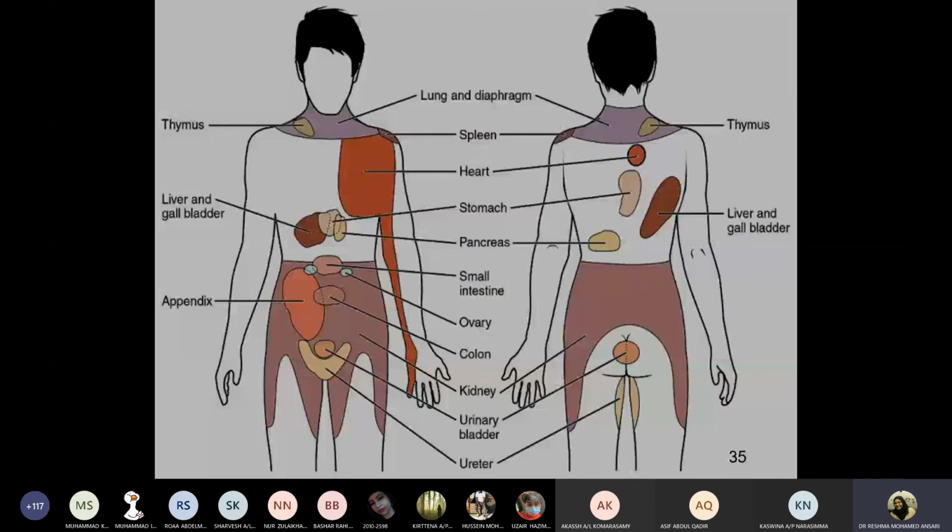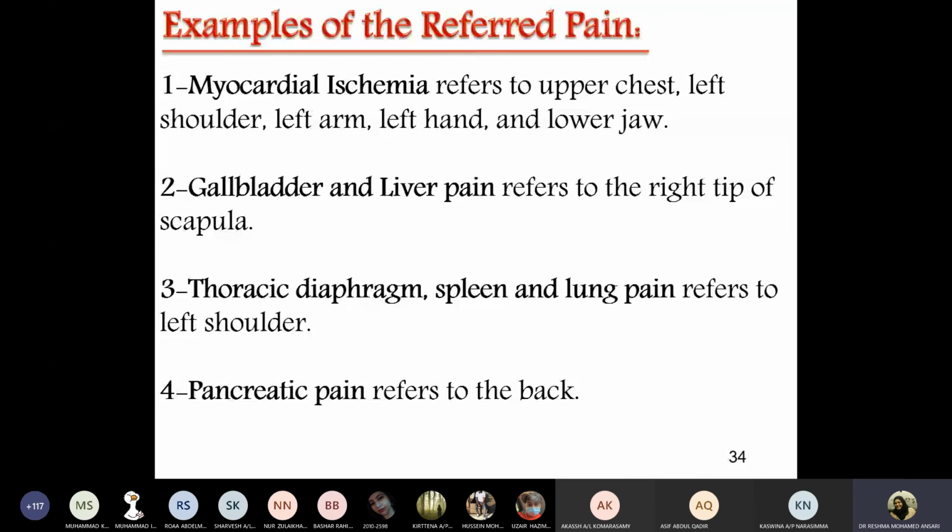So what is an example of referred pain? Myocardial ischemia: myo is muscle, cardiac is heart, and ischemia means lack of blood supply. When there is lack of blood supply to the heart, the pain is usually carried by the sympathetic fibers from T1 to T4. So all this pain is felt in the upper chest, left shoulder, left arm, left hand, because that body wall is also supplied by T1 to T4.